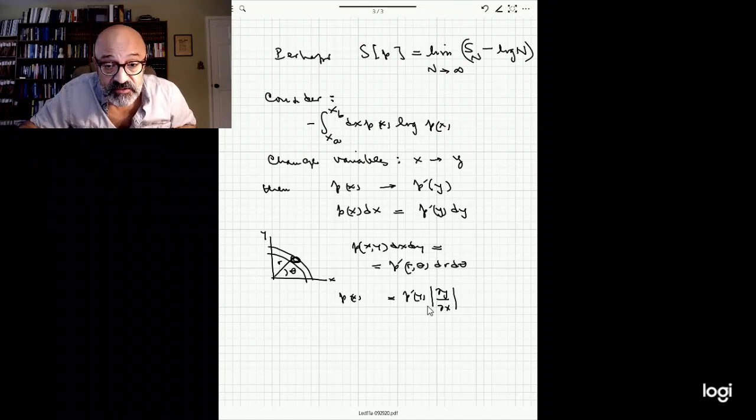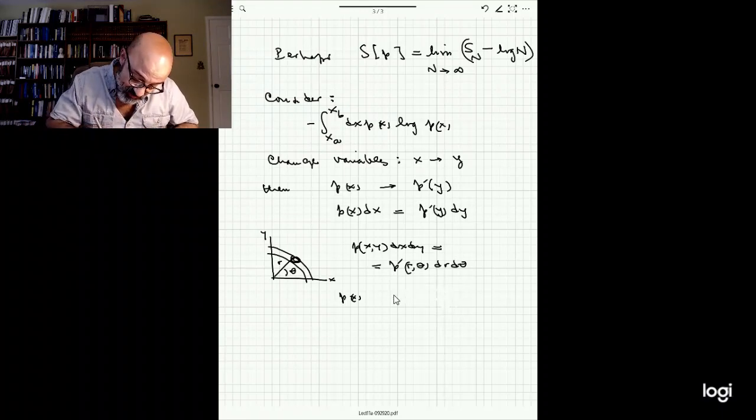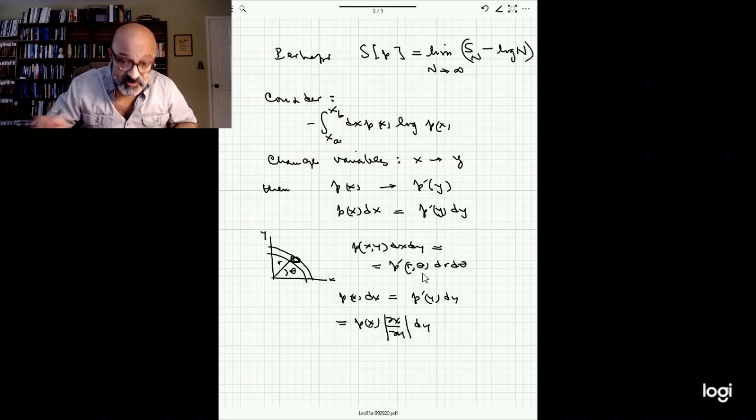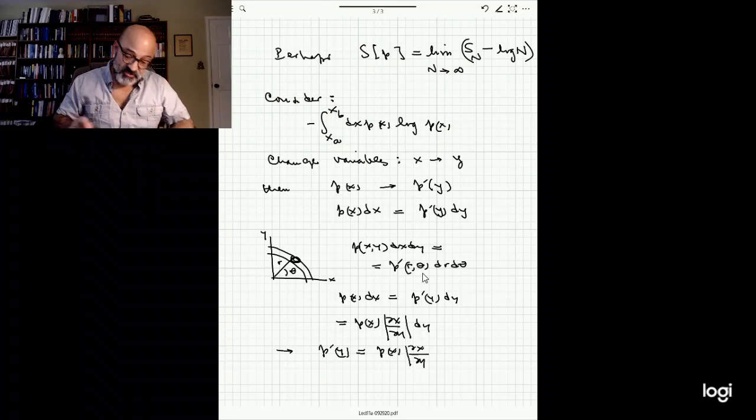I'm sorry. Did I write this right? No. No. Let's do it right. I'm being lazy. We want this to be py dy, but the px dx can be written as px dx dy Jacobian dy, and of course when you now compare those two, you find out that the new probability distribution is going to be the old multiplied by the Jacobian.